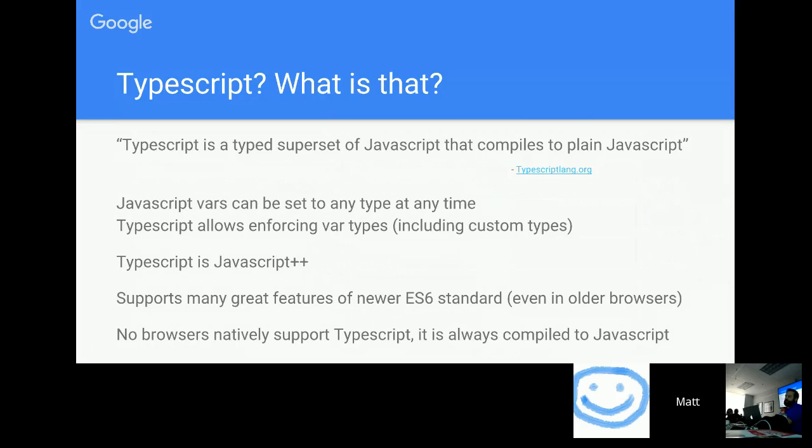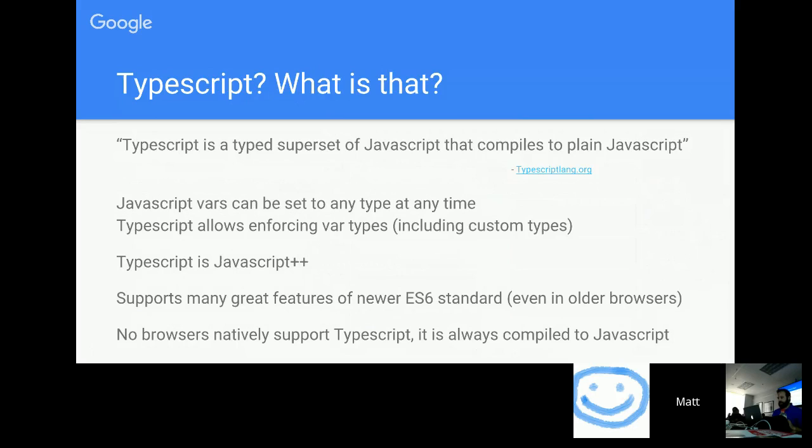TypeScript allows you to enforce variable types, so if you create a class object of a particular type, you can say this variable should only ever be this class object type. Then it can throw warnings at compile time, ahead of time, if there's a path that would allow you to unintentionally put some other illegal value in there. So it does give you a lot of safety in that regard.